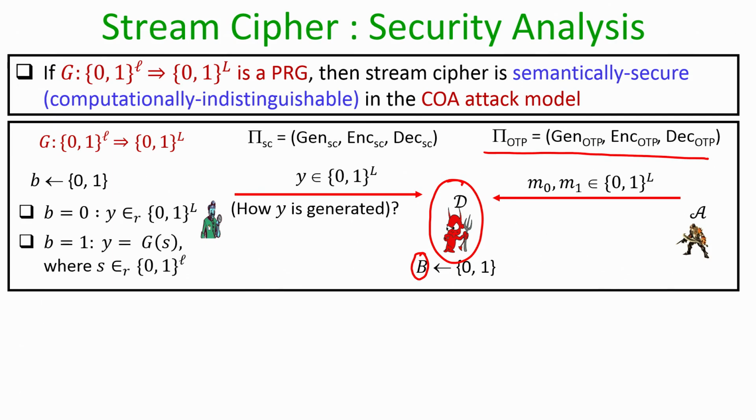Now, to encrypt the message M of B, it has to select a pad.